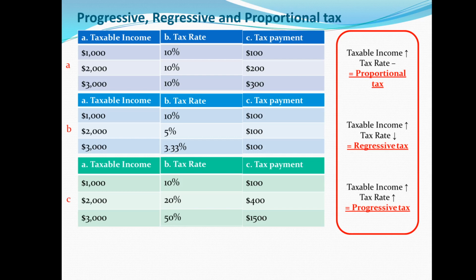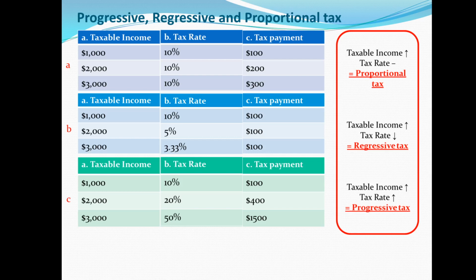That will give you a wrong answer. It's not about tax, it's about the tax rate. Here, same tax rate, that's why it's a proportional tax. Here, the tax rate is decreasing, it's a regressive tax. And here, increasing tax rate, that's a progressive tax.